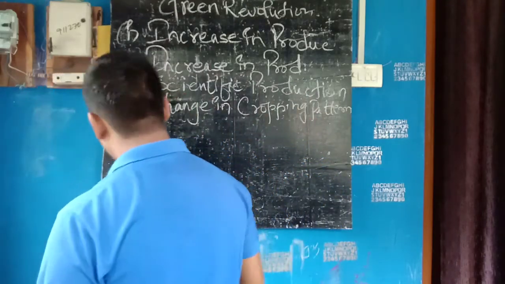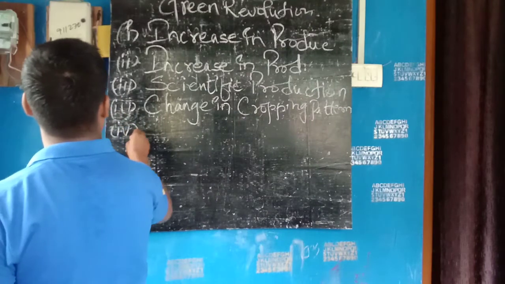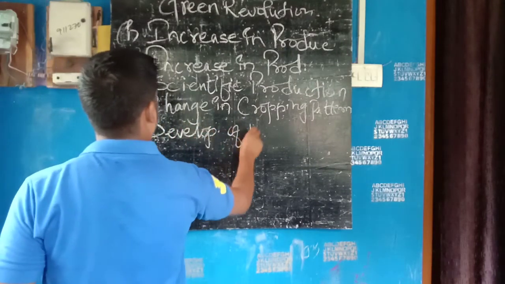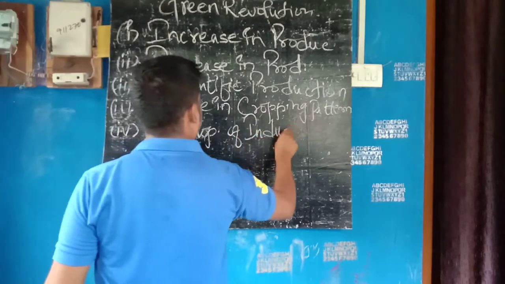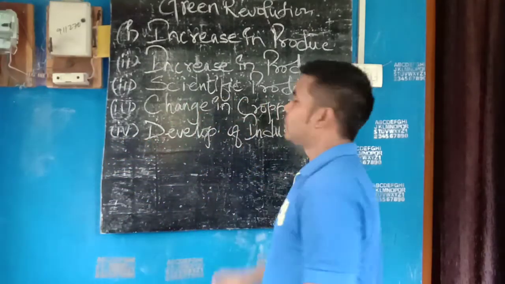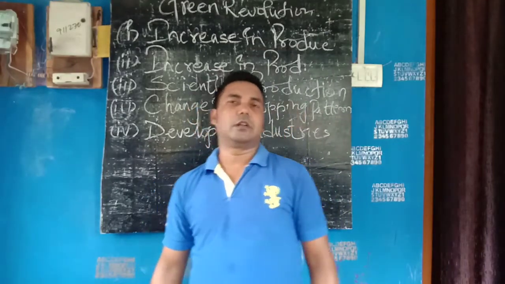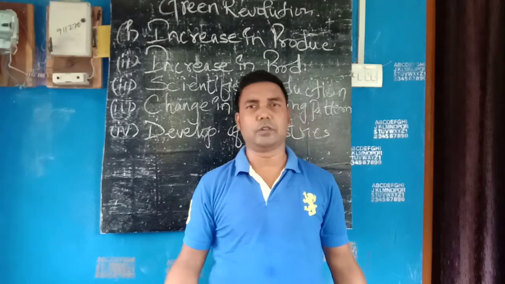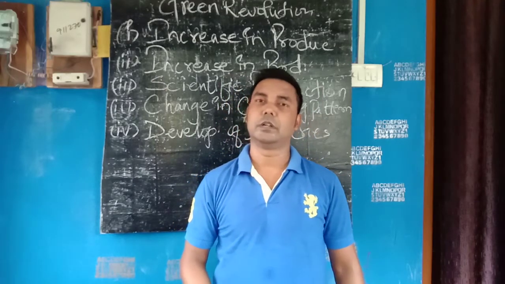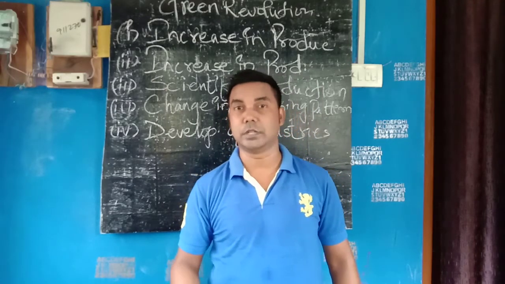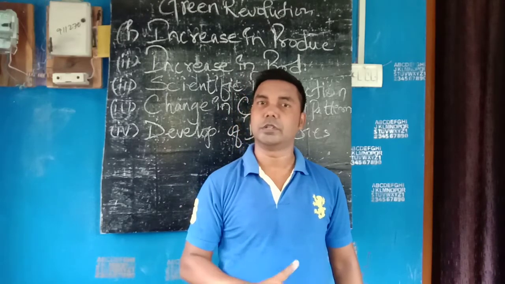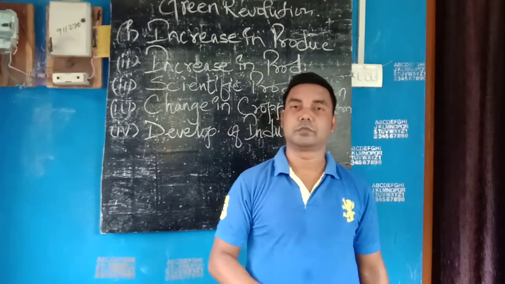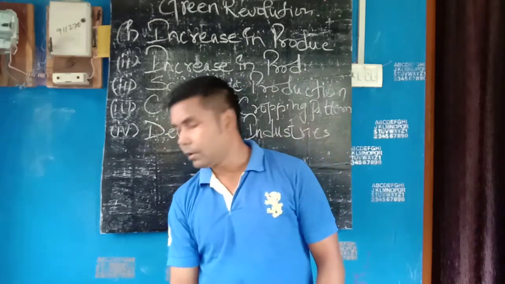Point number 4. The industries are developed through the Green Revolution. Two kinds of industries are developing through the Green Revolution. If agriculture is developing, two types of industries are benefited.